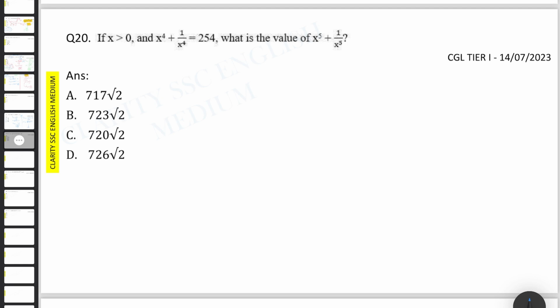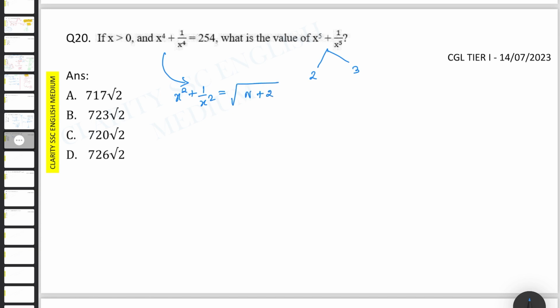Let's see question number 20. This one is also a question of the reverse series. Power 4 is given. In order to get this, we need to get power 3 and power 2. X square plus 1 by x square is nothing but root over n plus 2.